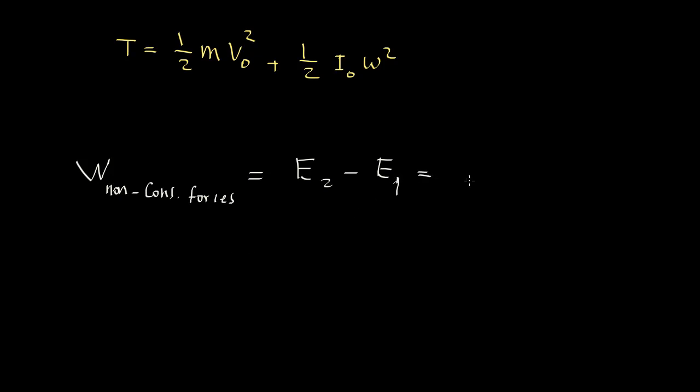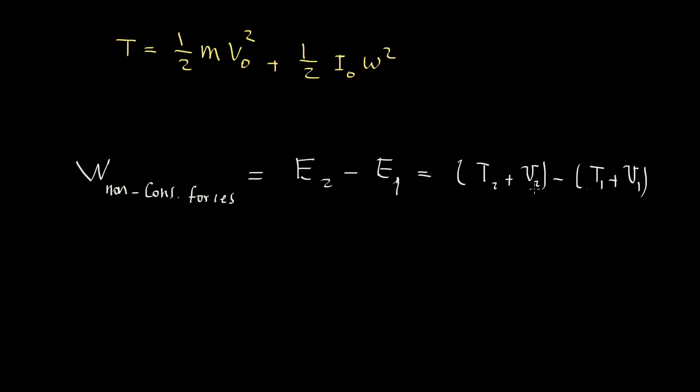And we said that basically for us this would be T2 plus U2 minus T1 plus U1.